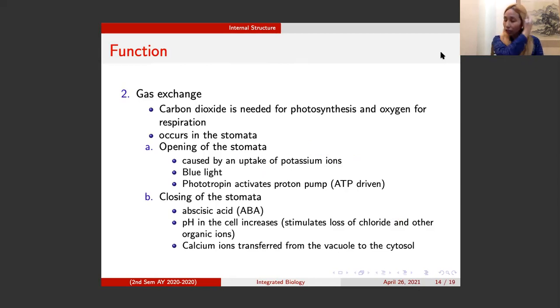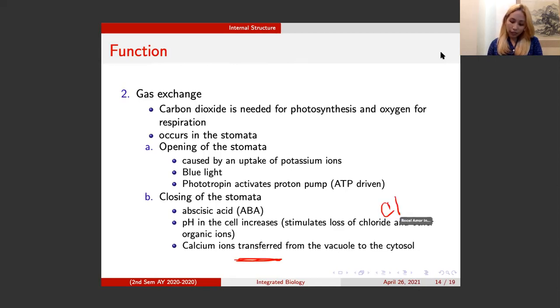Okay? So the pH increases, unlike dun sa opening where it decreases, and it stimulates the loss of chloride and other organic ions. And the loss of chloride, right, facilitates transfer of calcium from the vacuole into the cytosol. So nagkakaroon ngayon ng imbalance of charges.